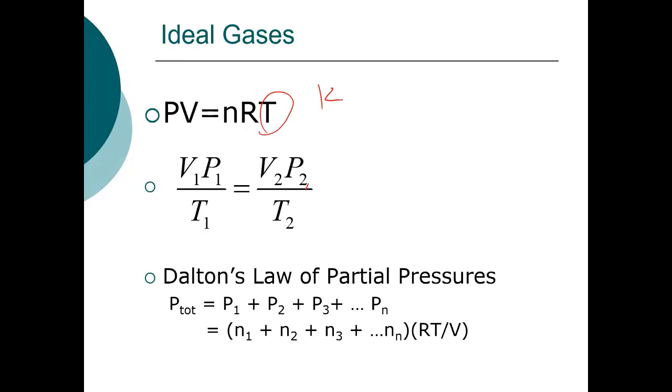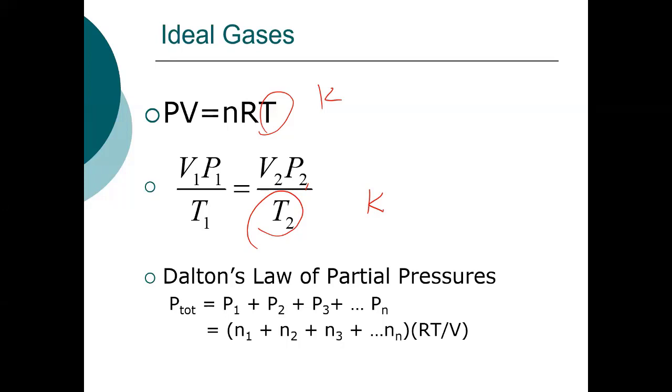And then we can also use the combination of Charles' law and Boyle's law that says that the volume in condition 1 times the pressure at that condition divided by the temperature is equal to the volume at condition 2 times the pressure at condition 2 divided by the temperature at that condition. Again, temperatures need to be in Kelvin.